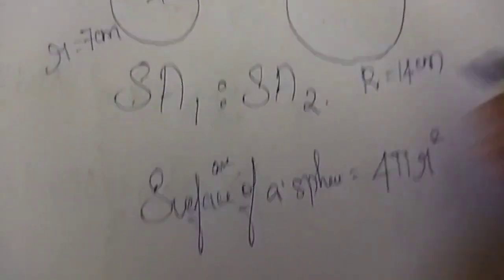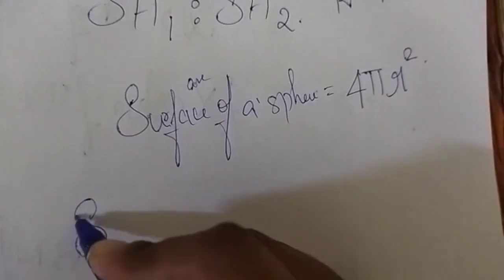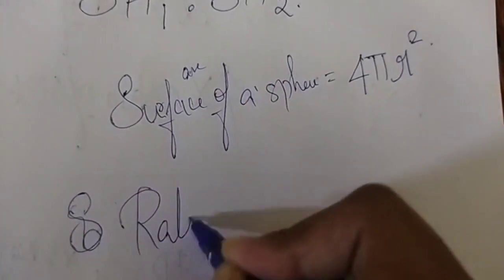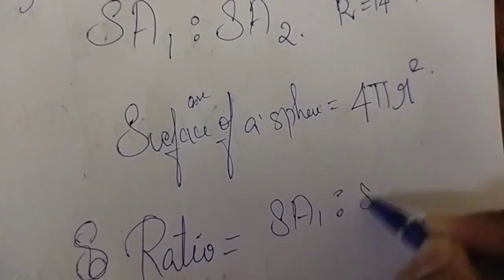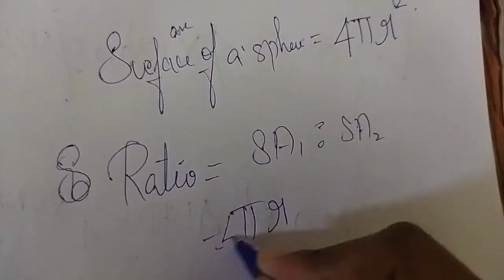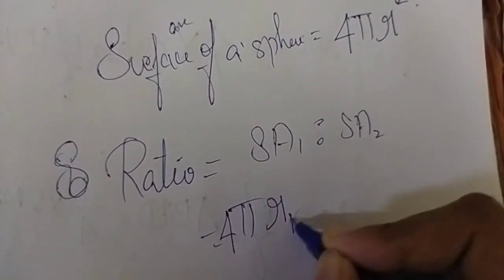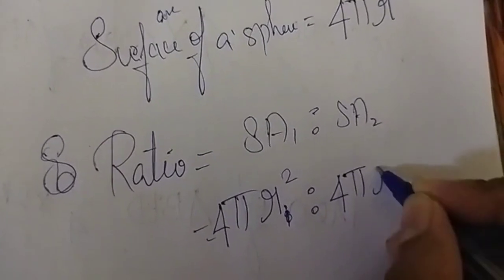Now the ratio is surface area 1 is to surface area 2, that is 4 pi small r square is to 4 pi capital R square.